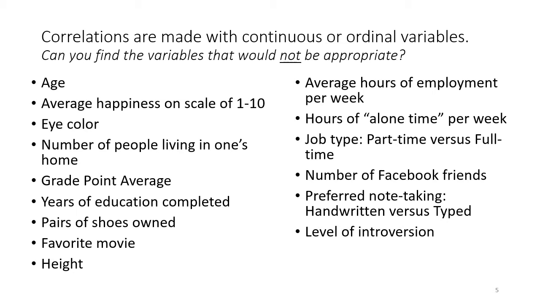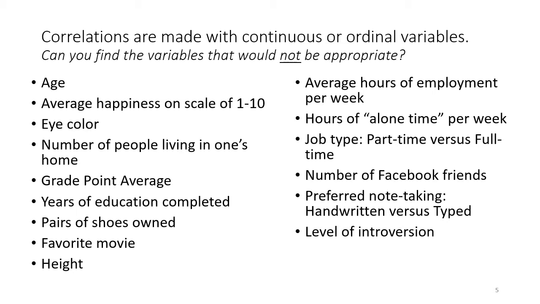Age, of course, is continuous. The numbers can fall along a continuum of values, and average happiness values can fall anywhere between 1 to 10. But eye color, that's just a color. It doesn't matter if we list blue first or brown first or green first, black first, it doesn't matter. And so that's a nominal variable that would not be suitable for correlation.